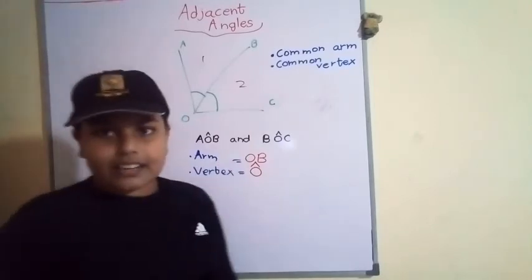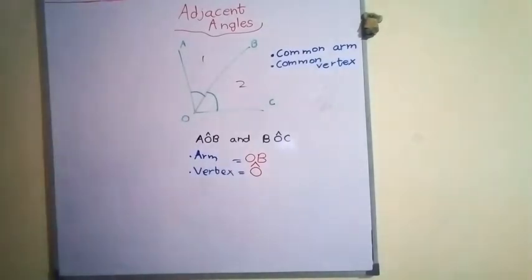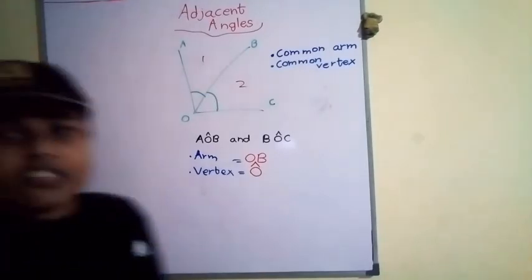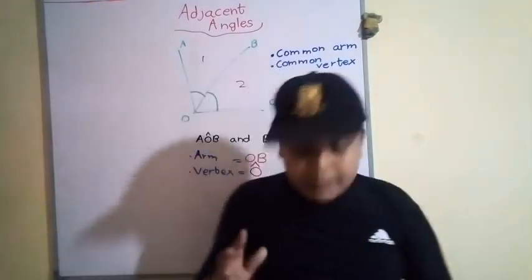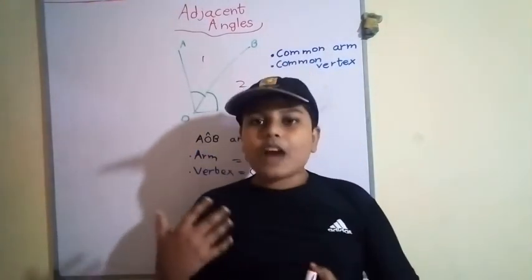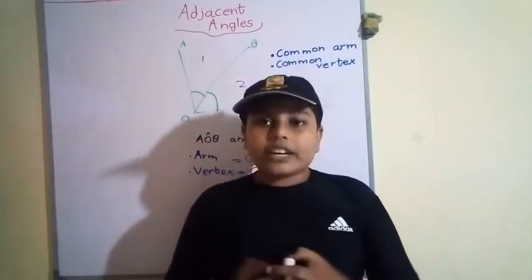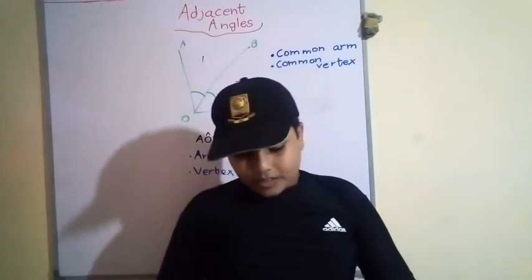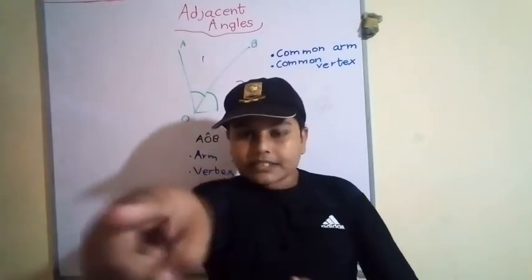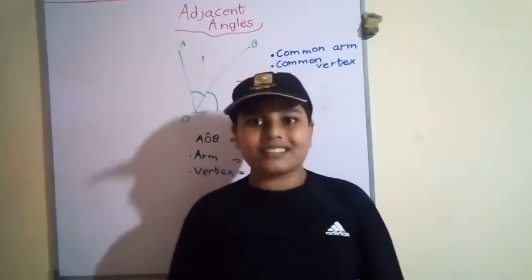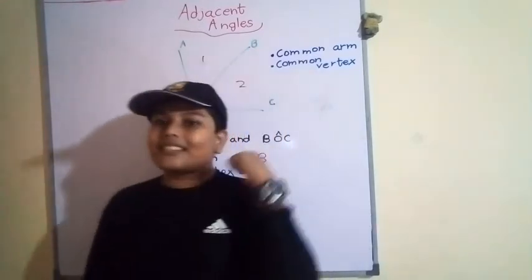That is the adjacent angle. What are adjacent angles? A pair of angles which have a common arm and a common vertex and are located on either side of the common arm is called a pair of adjacent angles, right?